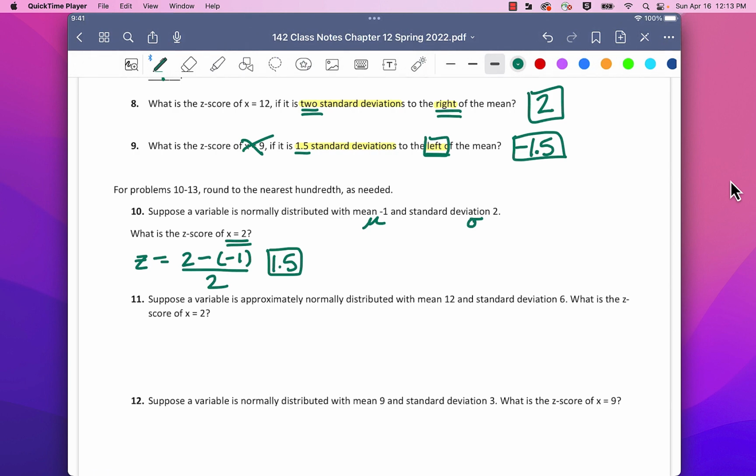But again, as I mentioned, I like to check with a little bit of a sketch to see what's happening here. So if we were to sketch this curve, it said that the mean was -1, the standard deviation was 2. So we're going to do a quick sketch here.